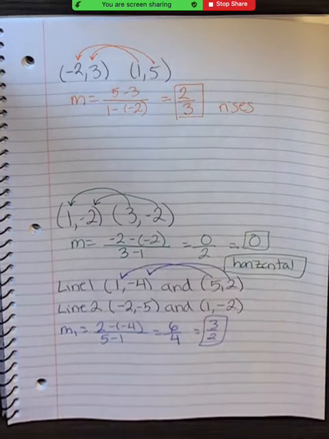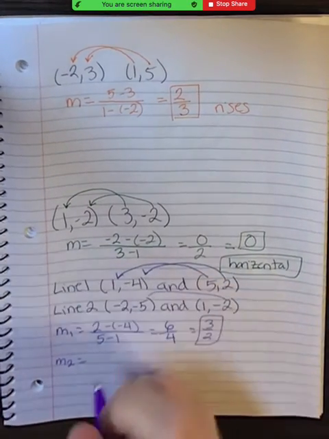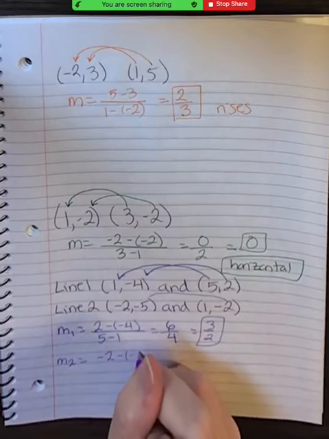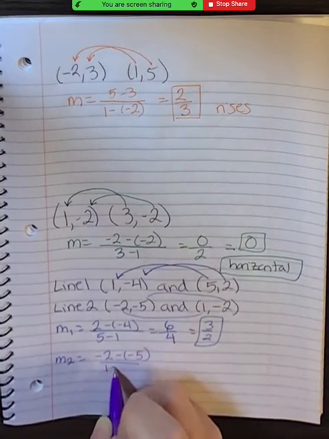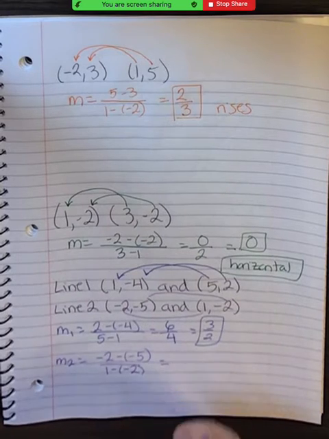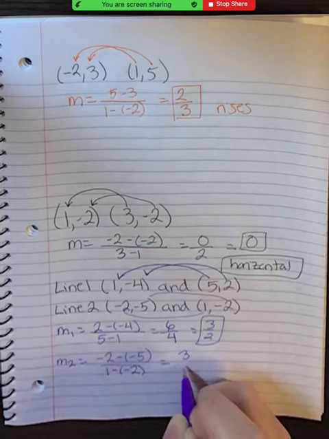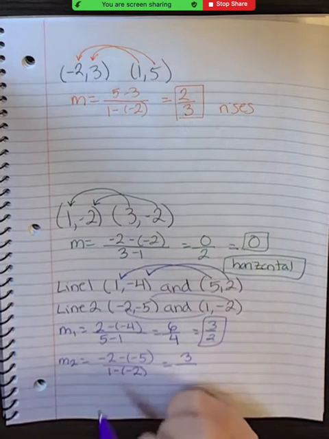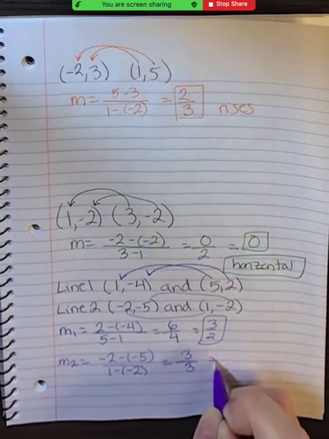Do the same thing for line 2. Find its slope. Change in y, so -2 minus -5 over change in x, 1 minus -2. -2 minus -5 is +3. And 1 minus -2 is 3. 3 over 3 is 1.